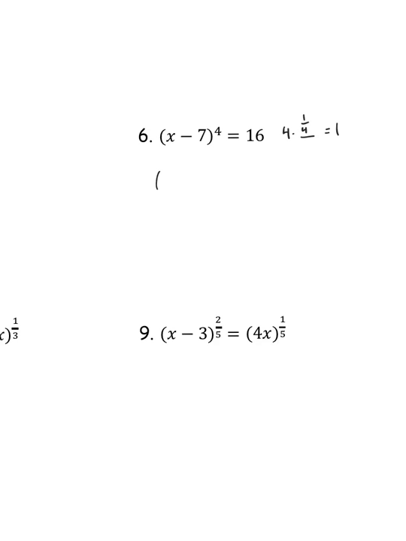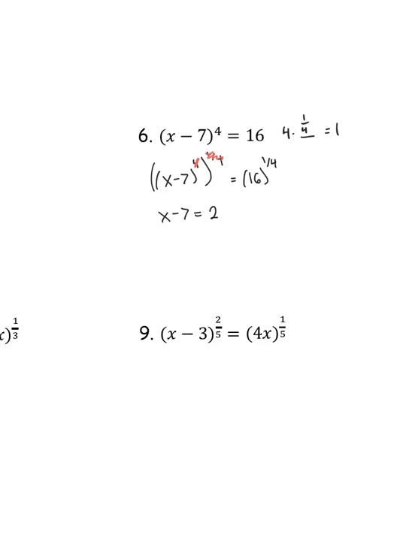So I'm going to raise this entire thing to the 1/4, and I'm going to do the same thing to the right-hand side. So now the 4 and the 1/4 are going to cancel each other out, and you're going to have x minus 7 equals 16 to the 1/4. Type that in your calculator, and you should get 2.